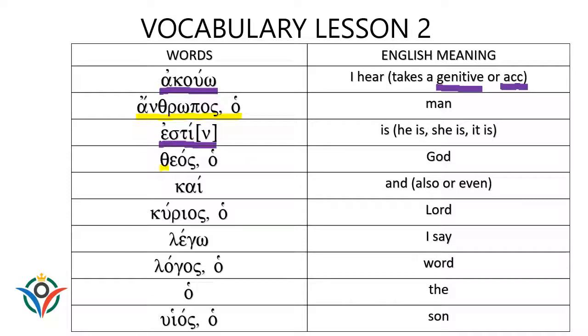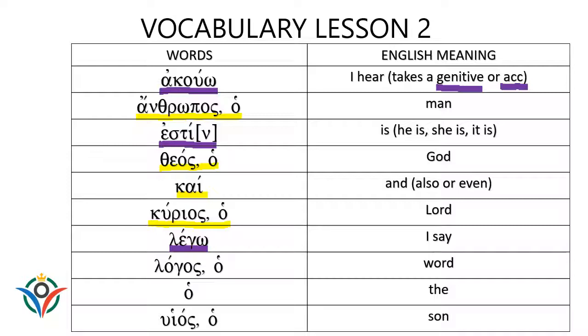Then we have theos ha, which is God. Next we have kai, which means and, sometimes also or even. Then we have kurios ha, which means Lord. Then we have lego, I say.